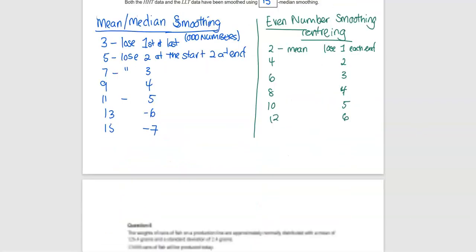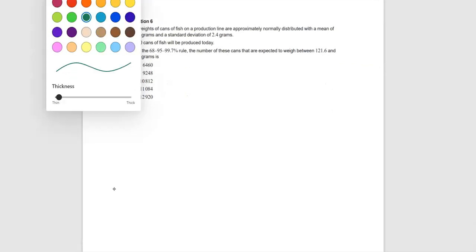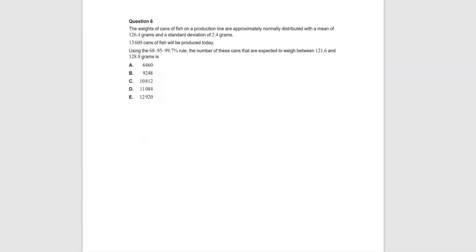All right, so moving on. This next question, 6. I've had a lot of questions about the normal distribution, so I just want to go through this one. So weights of the fish production are approximately normally distributed. As soon as you see that, you should just draw your bell, because that's what that means. And then often they come up with some information.